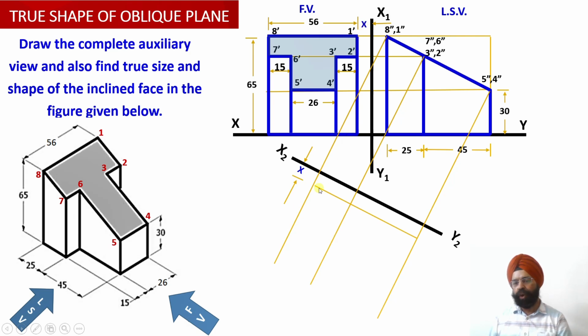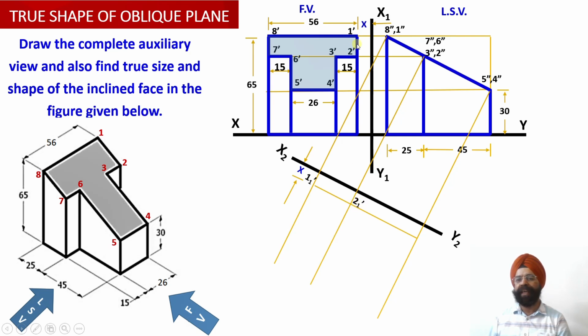Once I have drawn this projection line, corresponding to the projection of 1'' and 2'', I obtain the projection 1 1' over here. So the name of this point will be 1 1', and the point obtained over here will be 2 1'.